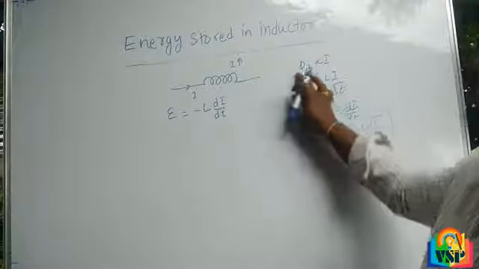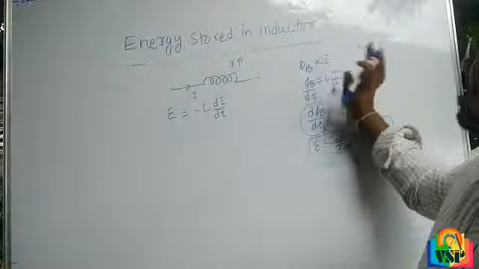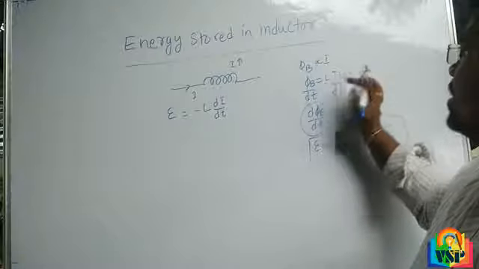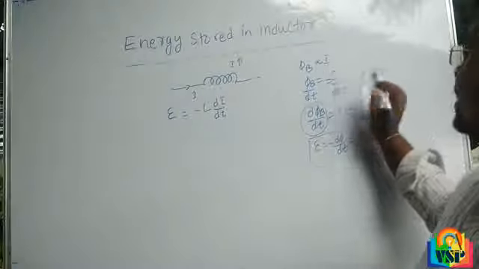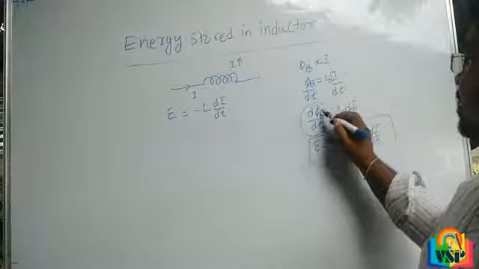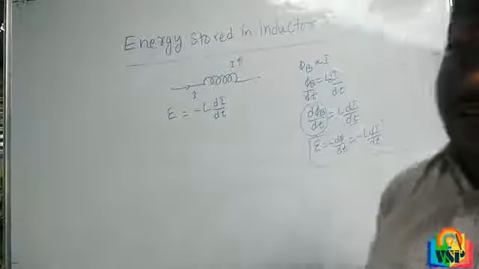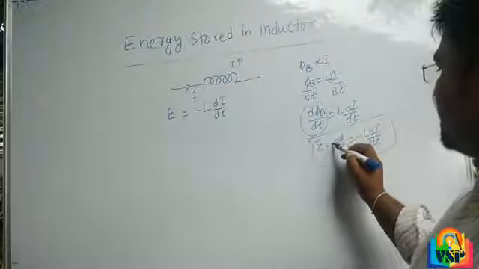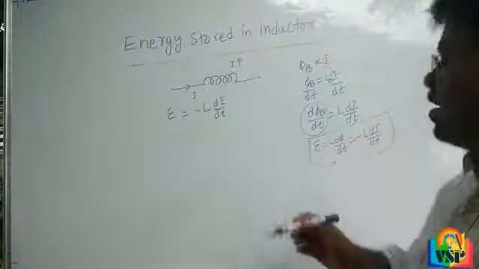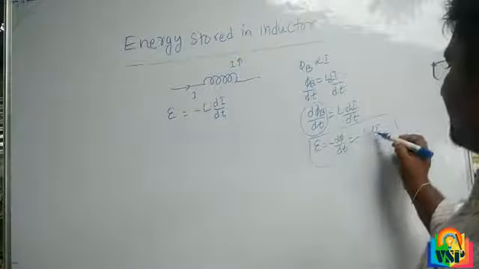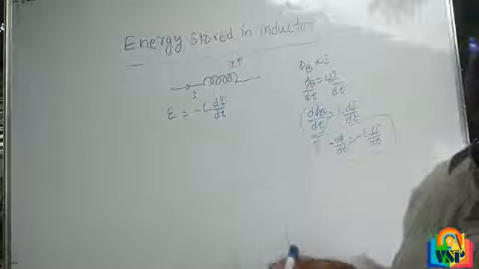Flux is directly proportional to current. The rate of change of flux d phi B by dt is equal to L into di by dt, and E is equal to minus d phi B by dt according to Faraday's second law. The minus sign indicates it opposes the current. Understand how we get this?